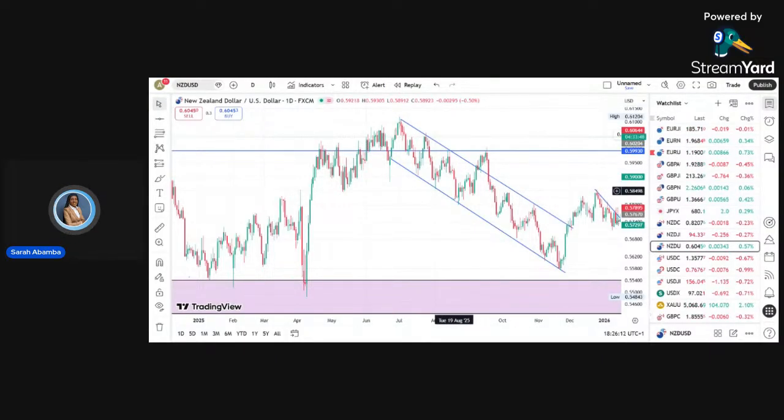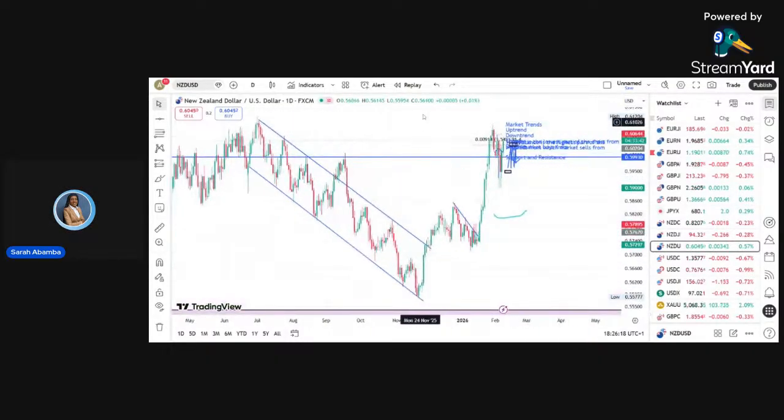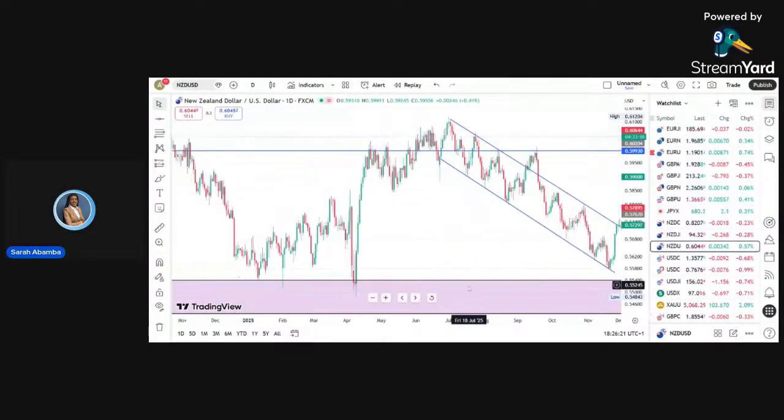However, in the ranging market, you can see that there are spaces for movement. Is it clear now? Yes, there's no space, so that is the difference.